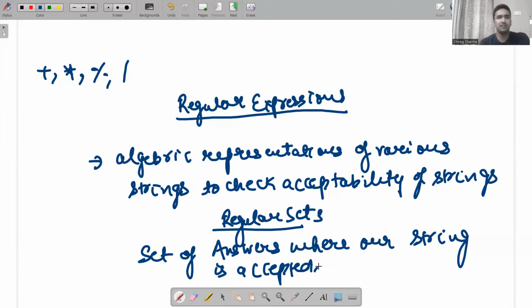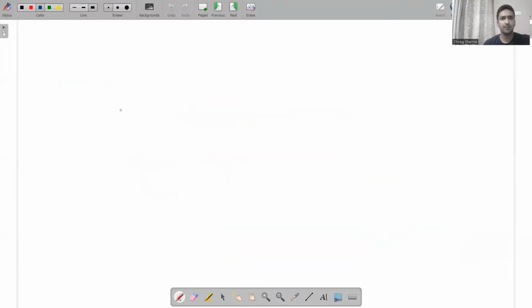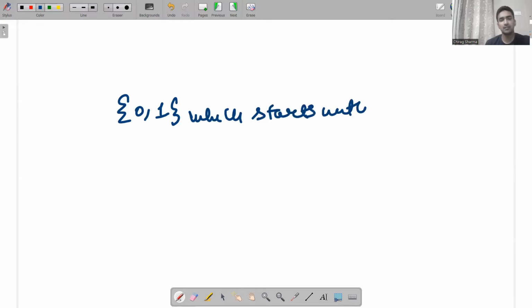This is a very simple example that I need to quote with the regular set: I want to create a set of answers that start with a particular symbol. Let's say we were creating some automata. So we have input symbols such as 0 and 1, and we want to create an automata which starts with 0, 1.